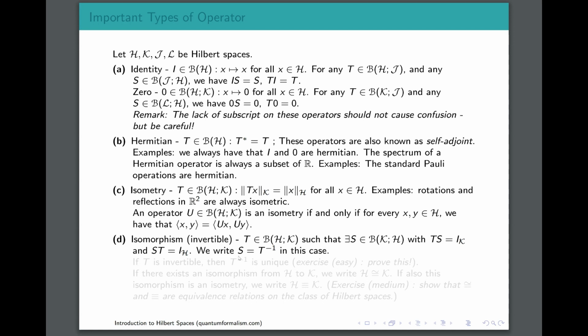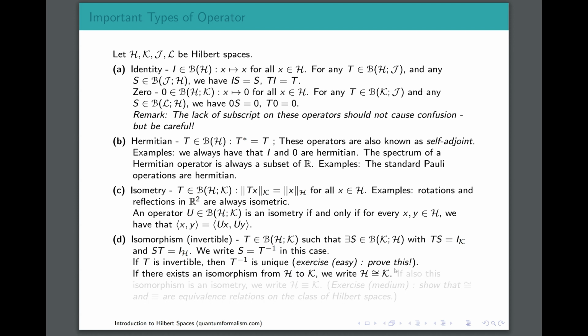Now, we write S is equal to T minus 1 in this case. And we'll just note here, not all operators are invertible, so you can't always just write T to the minus 1 for any given operator T, as nice as that would be. An easy exercise: if T is invertible, then its inverse has to be unique.